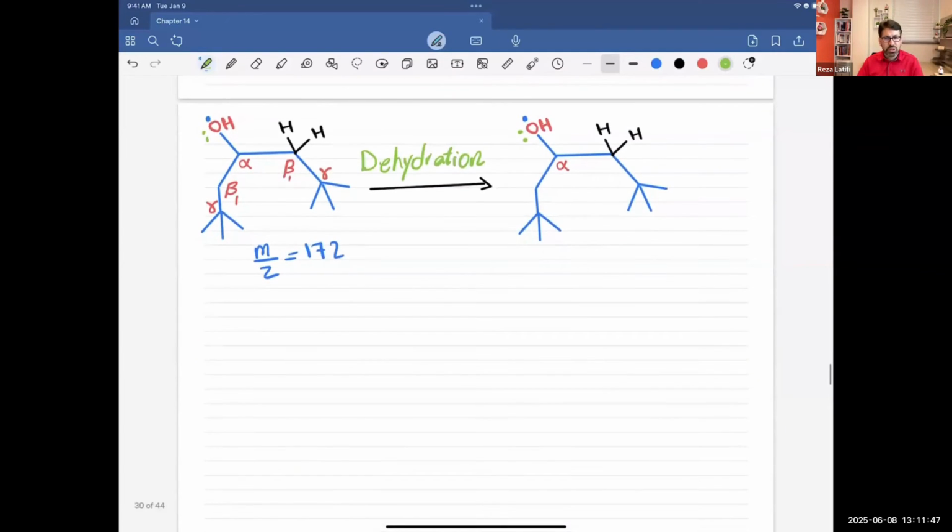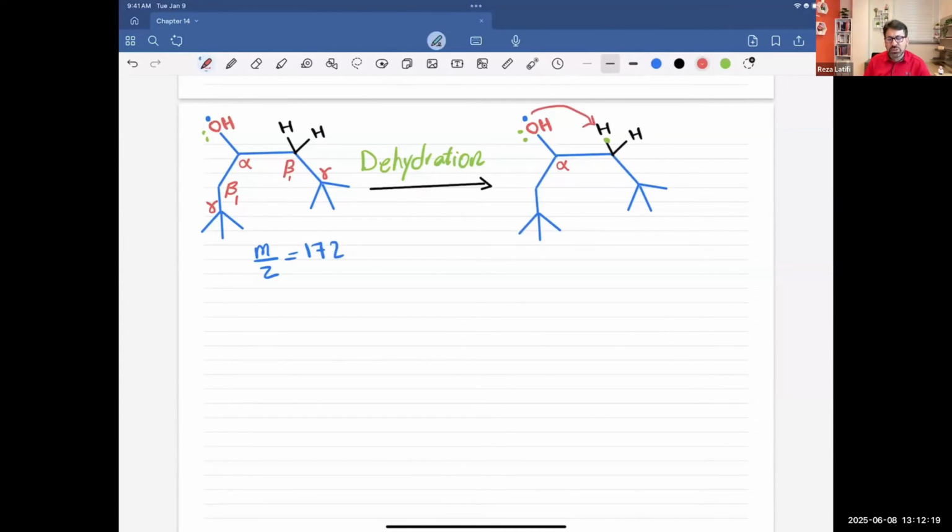Now, what will happen if we go through dehydration? For the dehydration, we need to look at the beta carbon and see whether there is a hydrogen there or not. Clearly, we do have hydrogen there. Now, this hydrogen has a sigma bond with carbon, so 2 electrons are there. And we're going to take one of the electrons, either from oxygen or from the hydrogen, and pair them in order to form one molecule. So how about this?